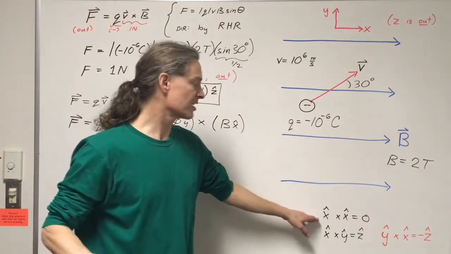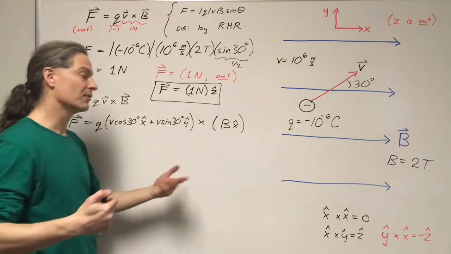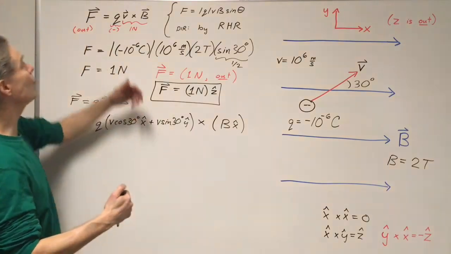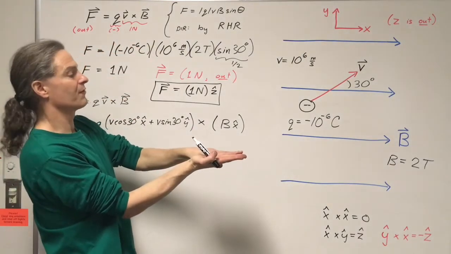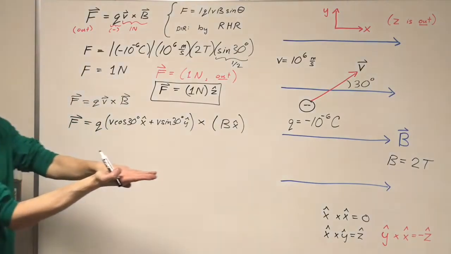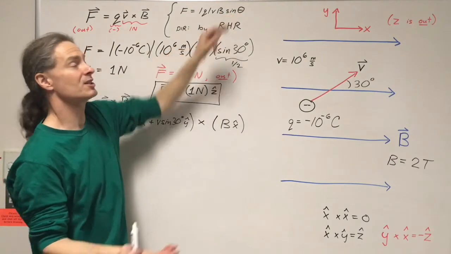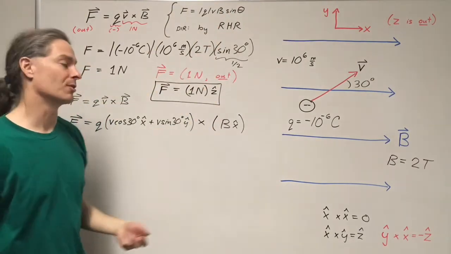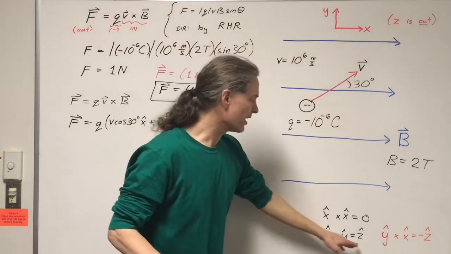Now x hat cross x hat is 0, because when you take the cross product of any vector with itself, you get 0. That's because for the same vector crossed with itself, there's 0 degrees between those two vectors, and so sine of 0 degrees gives us 0, which basically kills off the cross product. Now, x hat cross y hat is z hat.